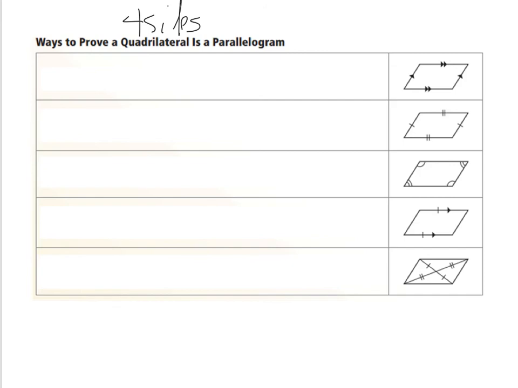But look at the diagrams in each one of the boxes at the right. For instance, look at the markings on the very first one. Why would that quadrilateral be a parallelogram? Because the opposite sides, I'm going to abbreviate, the opposite sides are parallel.